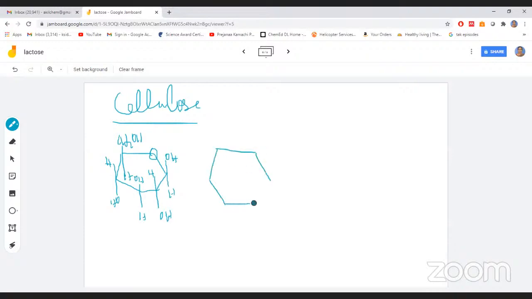We will draw 2 more units to make it easier to understand. So I'm drawing 2 hexagons. You can draw hexagons in sequence so that you can easily follow.